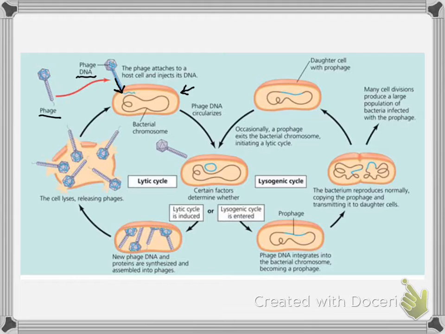Once the genetic material is in the cell, there are kind of two possibilities. There's the lytic cycle and the lysogenic cycle. Let's start off with the lytic cycle. So once the genetic material is inside the host cell, it can then be read and used to make more proteins and DNA.